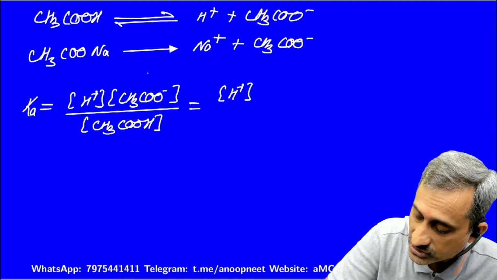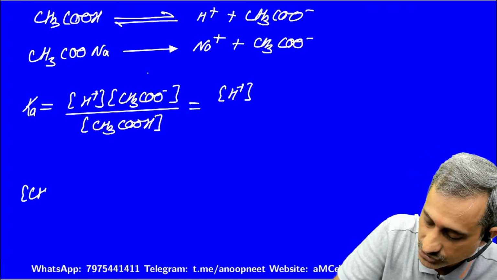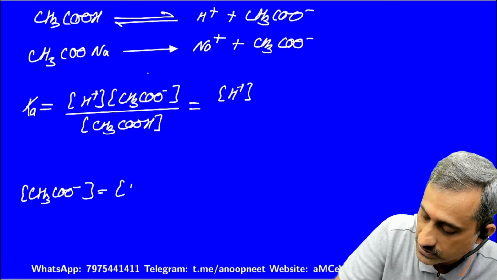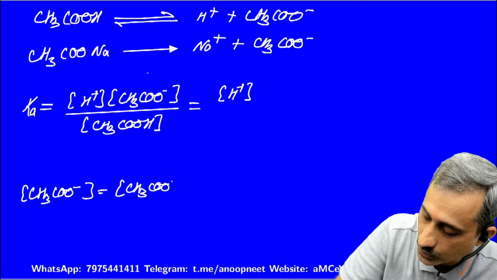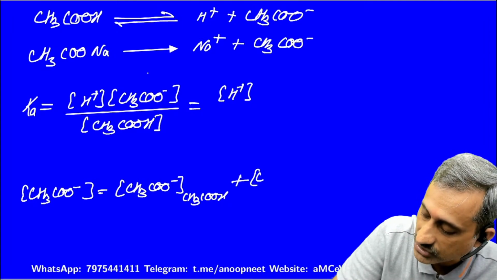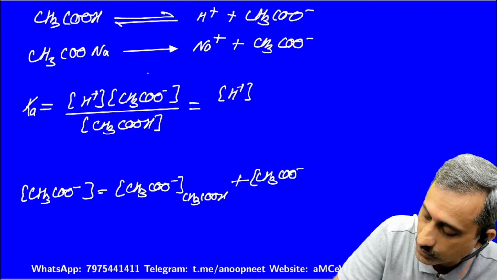Now CH3COO minus, if I talk about the concentration of CH3COO minus, it is coming from two sources. One is CH3COO minus from CH3COOH. Okay, and then there is another concentration of CH3COO minus from the salt.